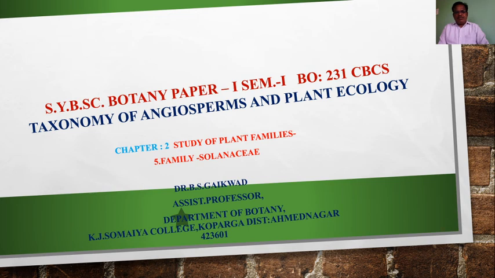These are the members of this family. This family belongs to the Gamopetalae, and its character is the funnel-shaped corolla, which is known as the infundibuliform corolla. So see one by one.